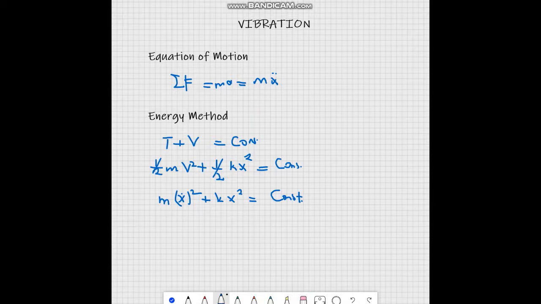Let's take the derivative of these terms.